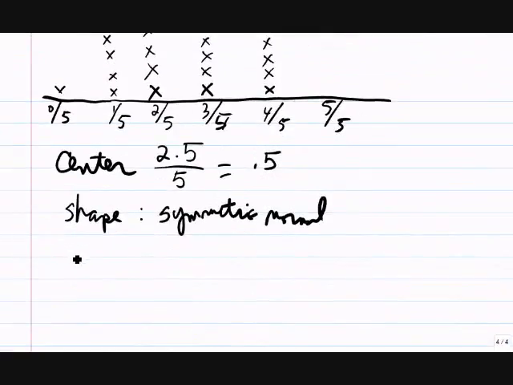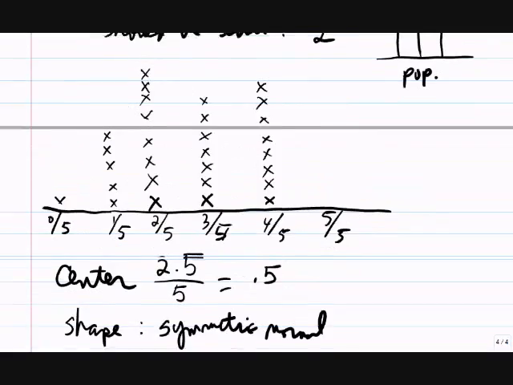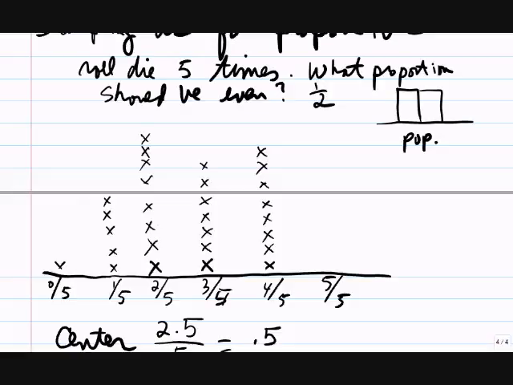But let's just try to think of what the spread might be compared to the population. Well, it's going to be a little hard to say from what we have, but our spread is not going to be anything like the population, because the population is a distribution of a categorical variable.